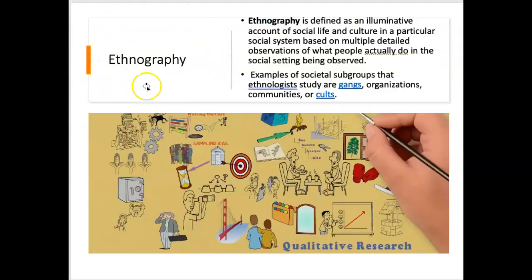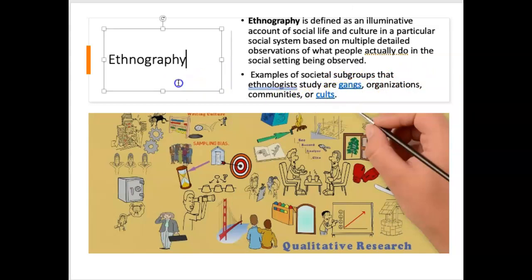Now, the case study is very intimately linked to the idea of ethnography, okay? And ethnography is the idea that if you want to get an illuminative account of social life and culture, you actually need to understand how those people see the world. So ethnography is particularly used in subjects like anthropology, where you go and study other cultures, but it's also been used a lot in the social sciences to study things like gangs, organizations, communities, or cults.